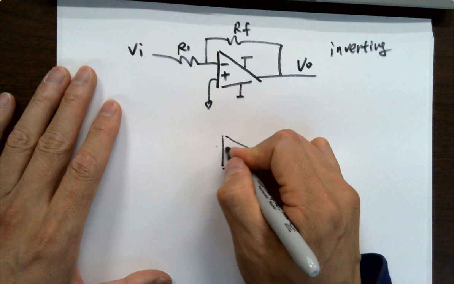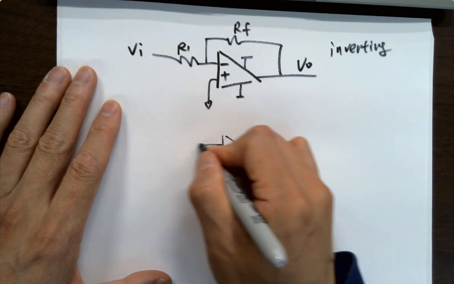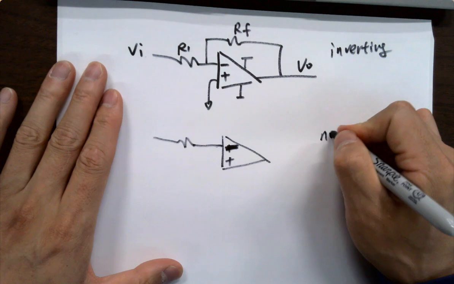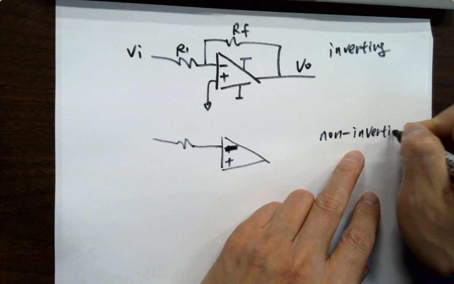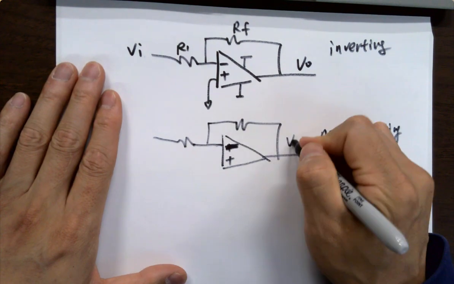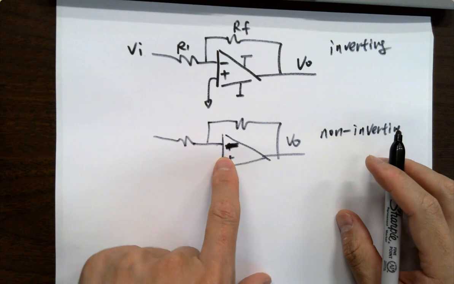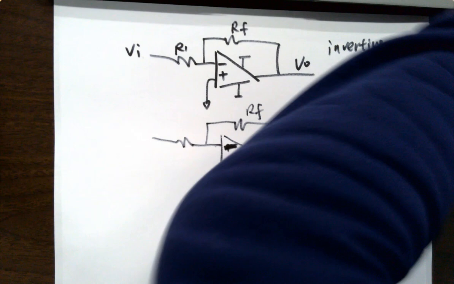Non-inverting, still keep the minus on the top. Keep in mind, doesn't matter inverting or non-inverting. What kind of feedback do you need? Negative feedback. Always negative feedback, which means the feedback is always going to the negative input. I have a better Sharpie.